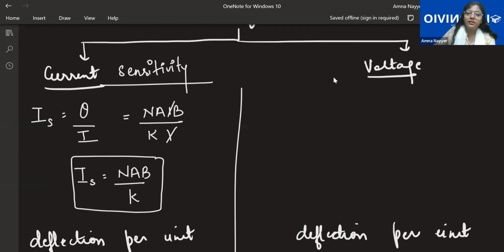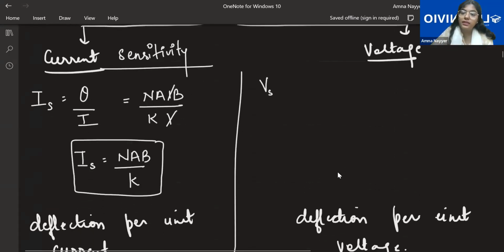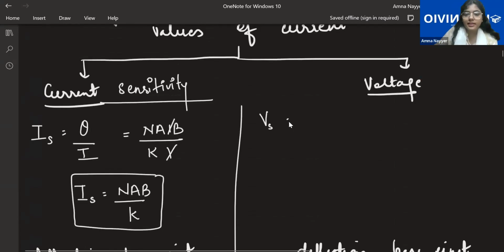Then comes the voltage. Voltage sensitivity means the same thing. This sensitivity is for the angular deflection, so when I say deflection, it refers to this theta only, per unit voltage.